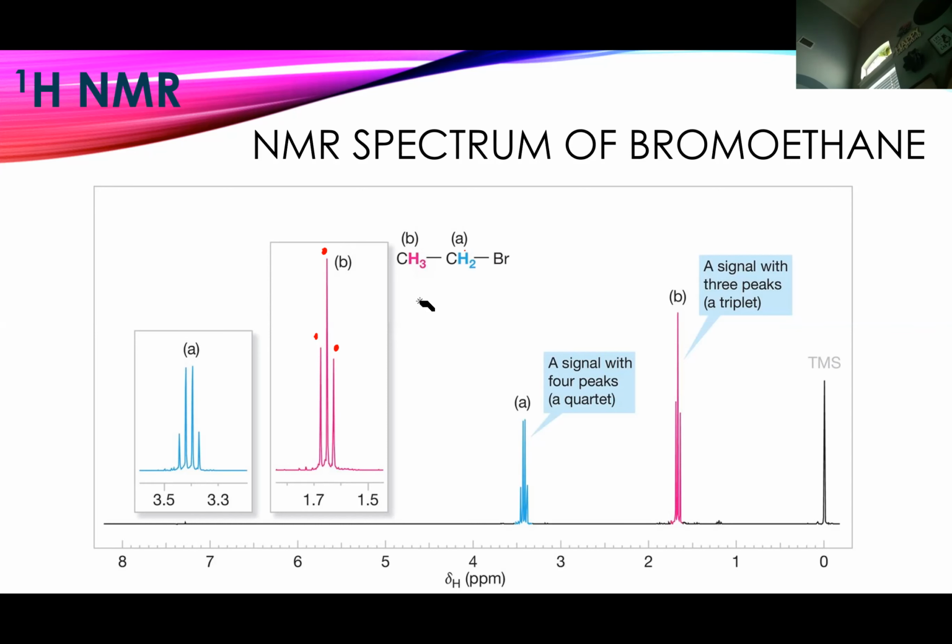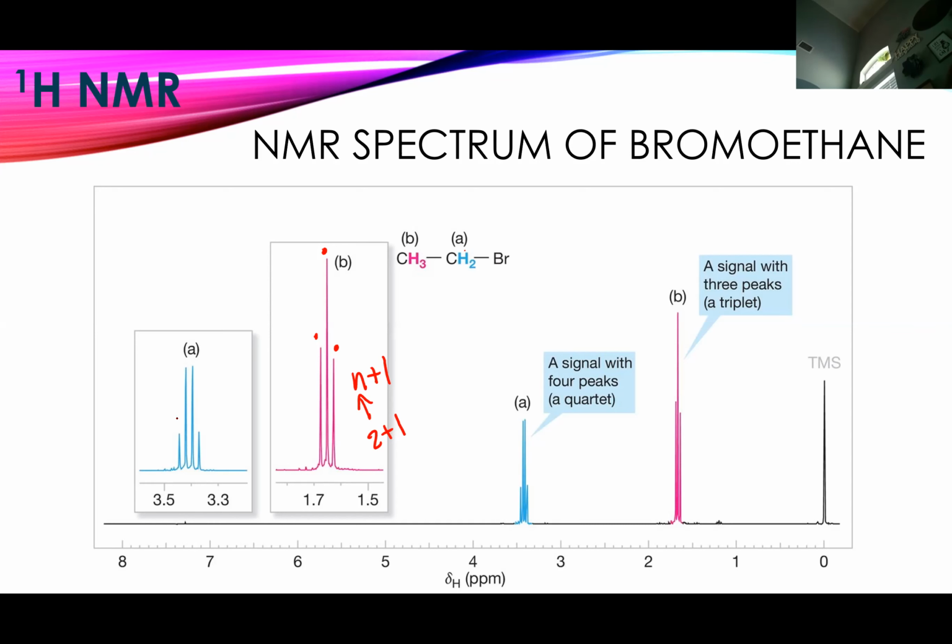What it actually tells us is that our neighbor has 2 hydrogens. So a hydrogen set, a signal, will be split into N plus 1 peaks, where N is the number of hydrogens on the neighboring carbon. So since the neighboring carbon has 2 hydrogens, this peak is split into 2 plus 1 peaks, which is 3. And that explains why the CH2 group is split into 4.